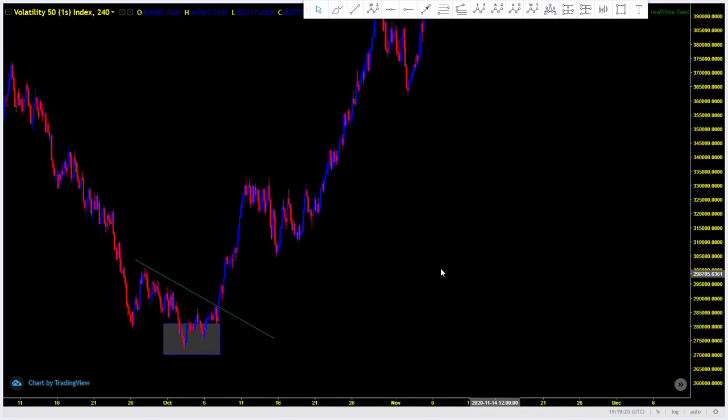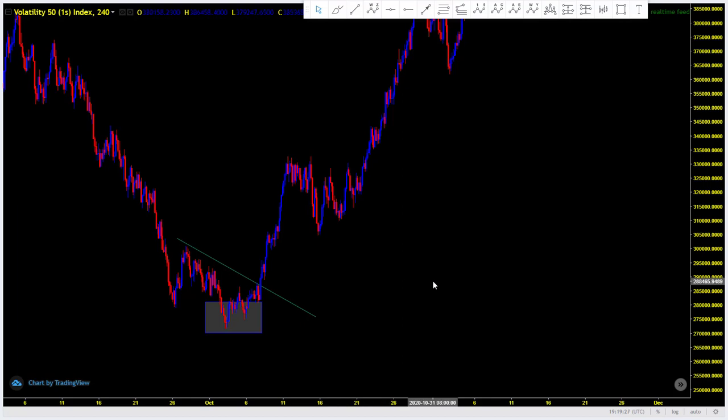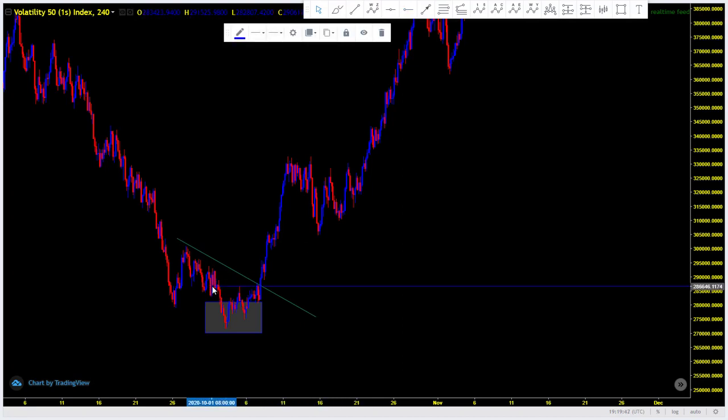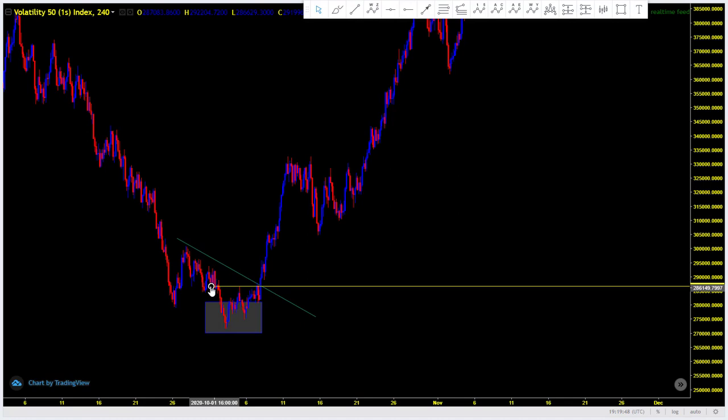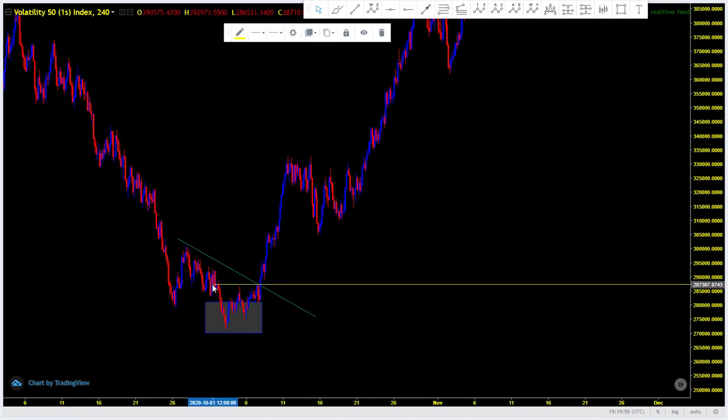Then I have shift candles. What are shift candles? Shift candles are clear impulses that are between the previous consolidation and the newly formed consolidation. So in this case, as I move away, let me put a red line there. As I move away from this point here, change the color to yellow for clarity's sake. As I move away from this consolidation here, you can see that there is a candle that is also connecting there.